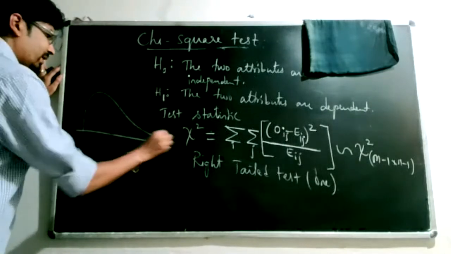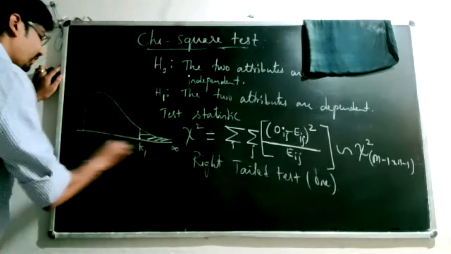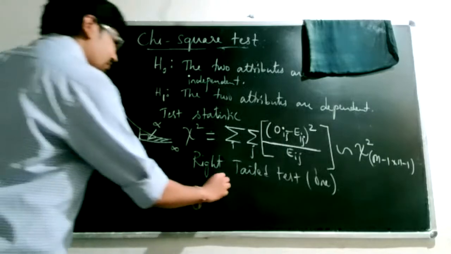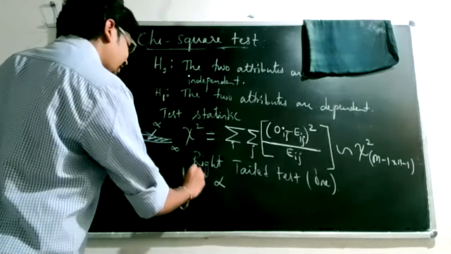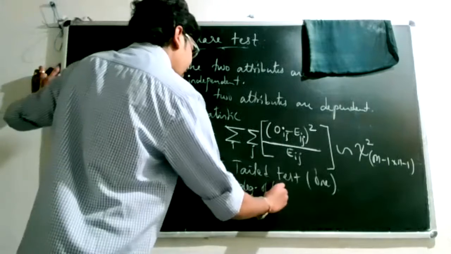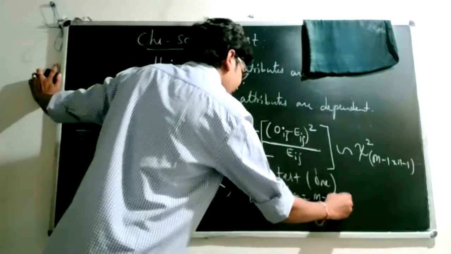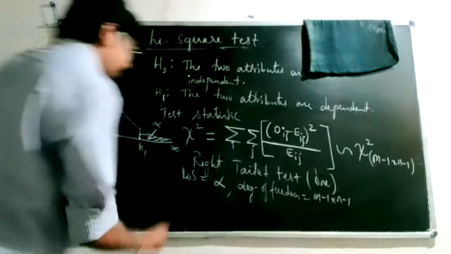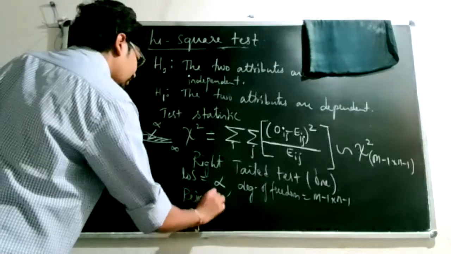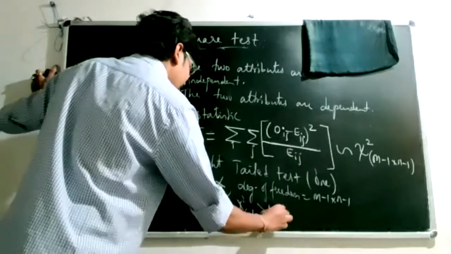Whenever you apply this, you will get K1 such that the area from K1 up to infinity is alpha. So you have level of significance alpha and degrees of freedom (m minus 1) into (n minus 1). What is this m, n? I'll let you know. Then we say reject H naught if your chi-square calculated is greater than K1.